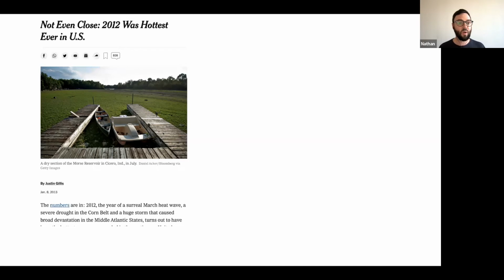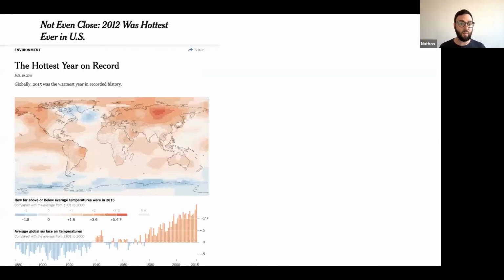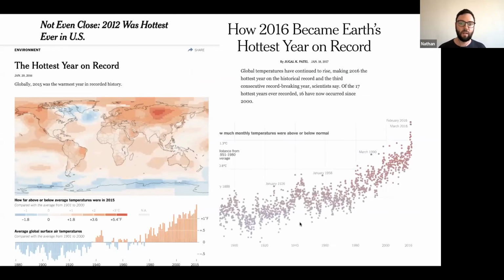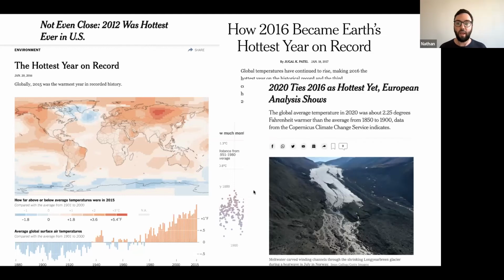Just to throw up a few headlines, we had hottest years in 2012, in 2015, in 2016 with the large El Niño that year, and a kind of tie in 2020. So there's been a lot of, and increasing, attention on the global mean temperature in this past decade, and we continue to expect to talk about this a lot in the coming years as climate science and policy continue to advance.